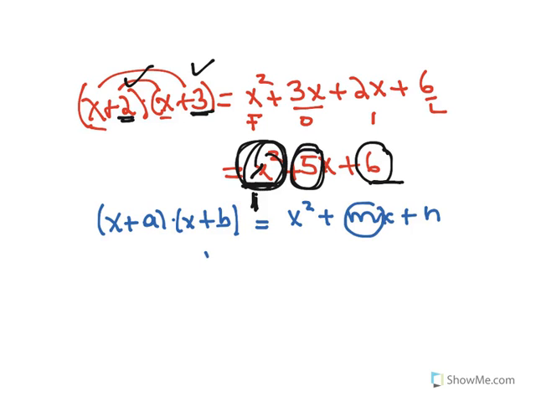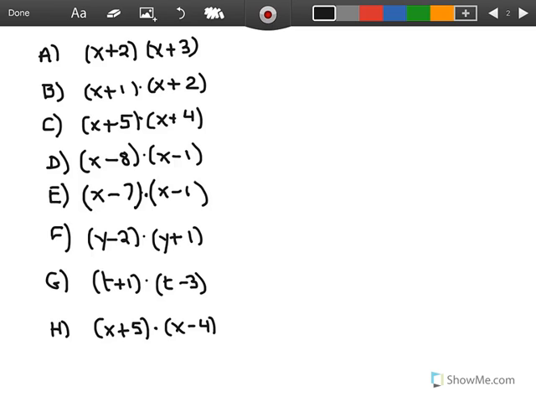This m value is going to be the same thing as a plus b, and this n value is going to be the same as a times b. Okay, now you can do these examples without looking at the FOIL. Okay, one more time just to practice, just to make sure that we have it.